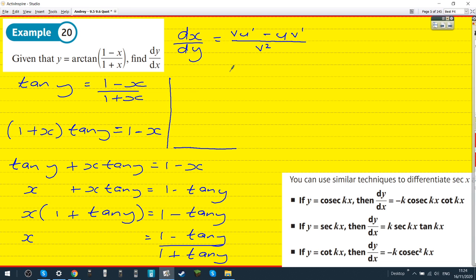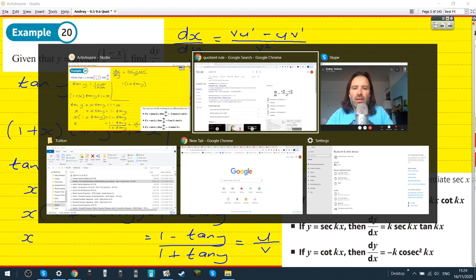So am I doing v u dash minus u v dash? So will that be 1 plus tan y times, what was the differentiation of tan y? I believe it is sec squared y.